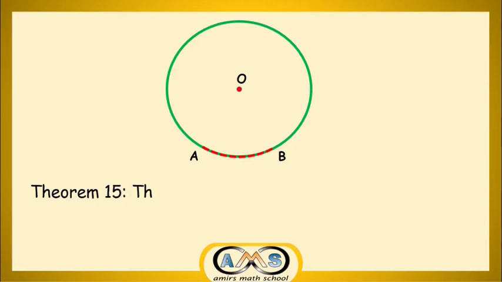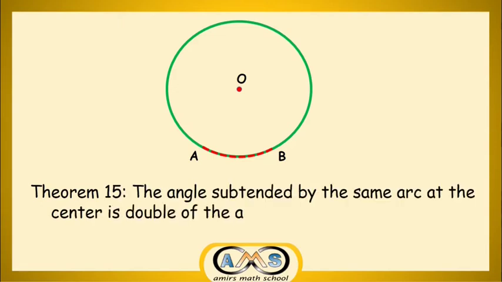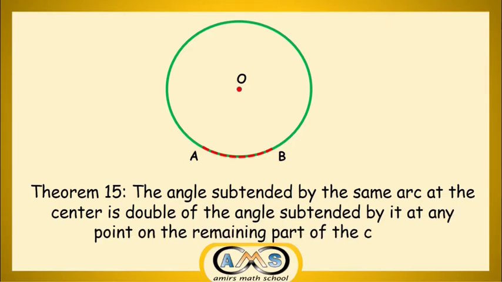Theorem number 15: the angle subtended by an arc at the center is double the angle subtended by it at any point on the remaining part of the circle. This arc AB subtends an angle at center O. This is the center angle, that is AOB.